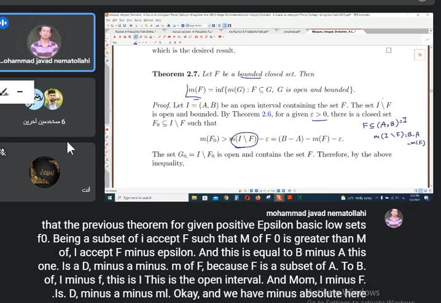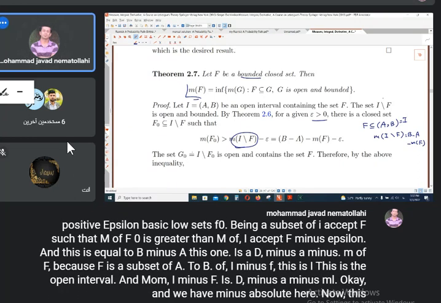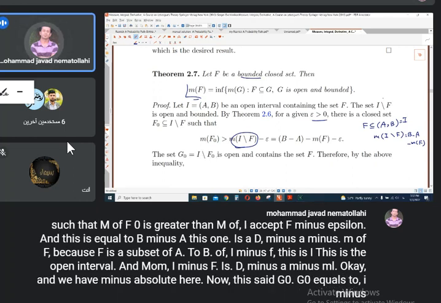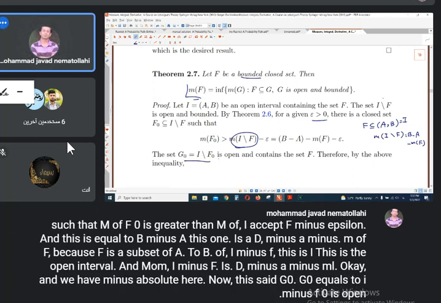Now, the set G0 equals I minus F0 is open, of course.